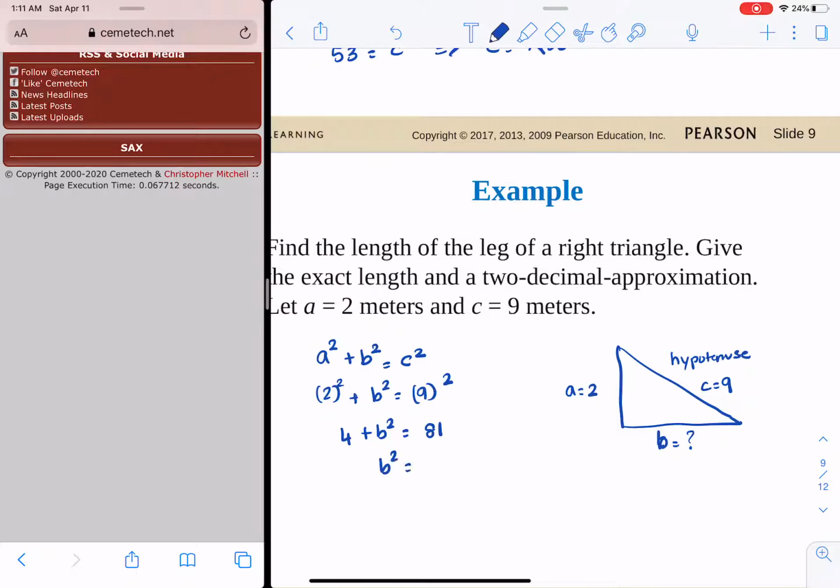B squared would equal 81 minus 4, which is 77, which would imply B equals square root of 77. You could find the decimal value using a calculator.